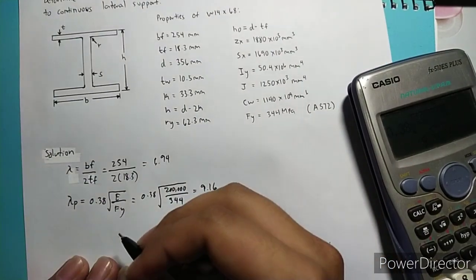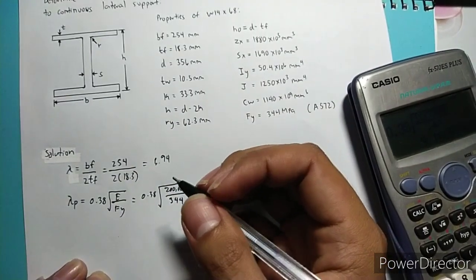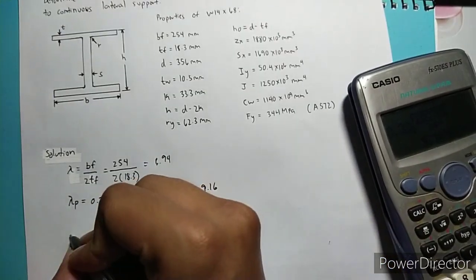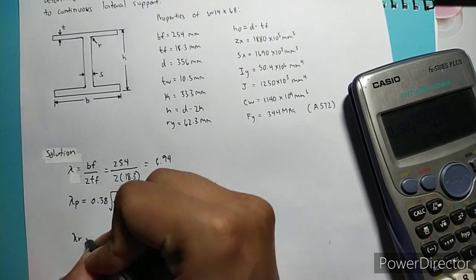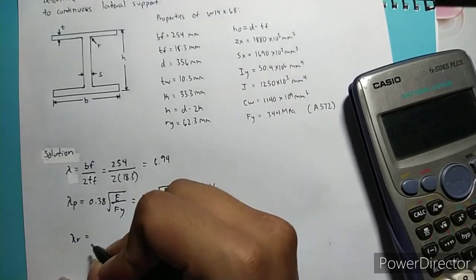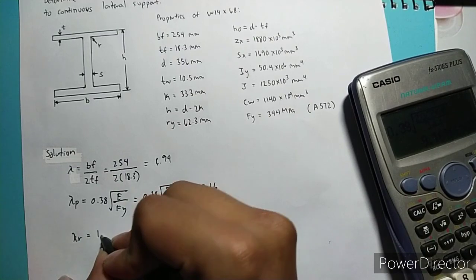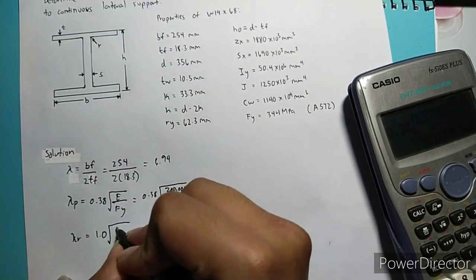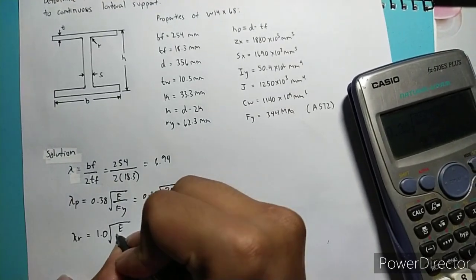Next is lambda R for the non-compact limit of case 1. For lambda R, we have 1.0 square root of E over Fy.